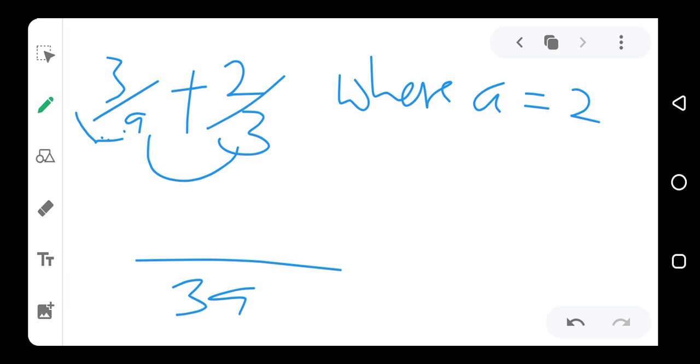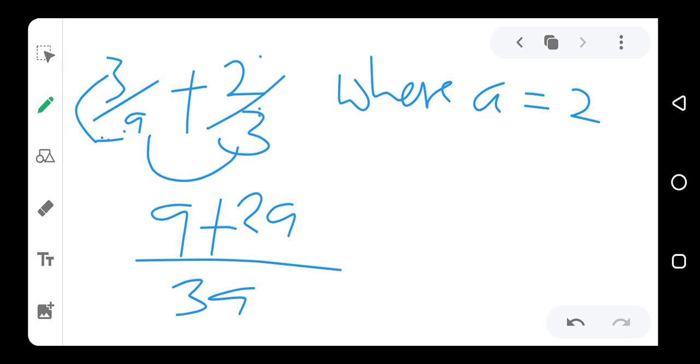So 3 times 3 is 9. 3a divided by 3, we are going to get a. A times 2 is 2a. Now we have 9 plus 2a over 3a.